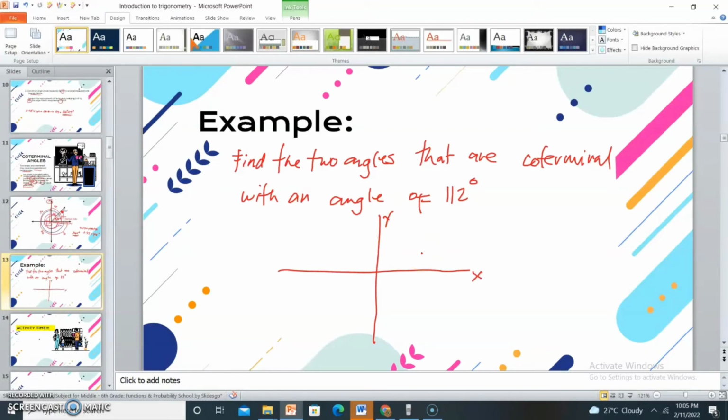Since there are 360 degrees in one complete rotation, we can find an angle coterminal with the 112 degree angle by adding 360 to 112.